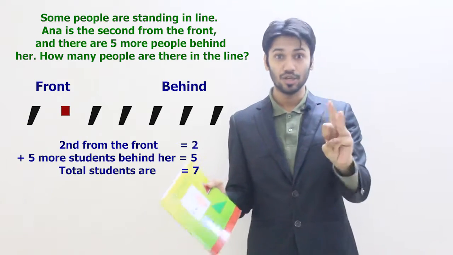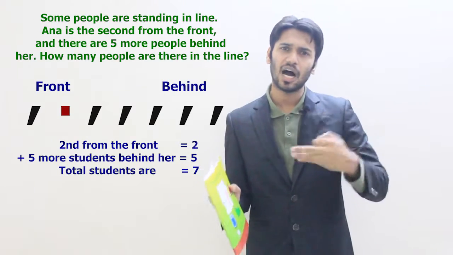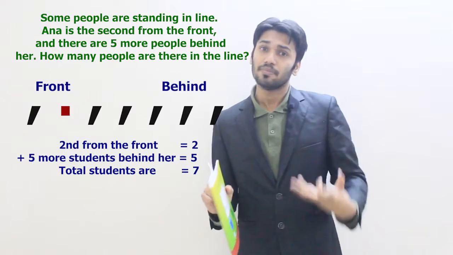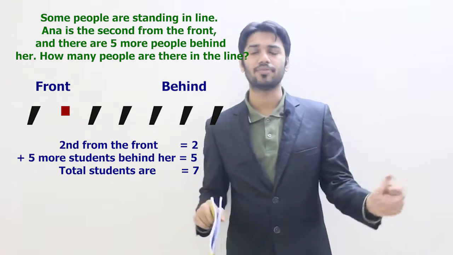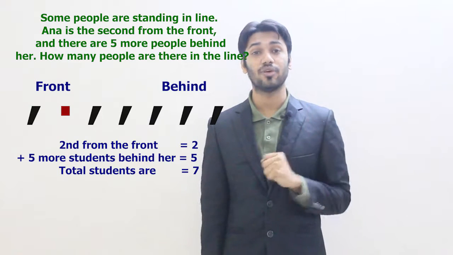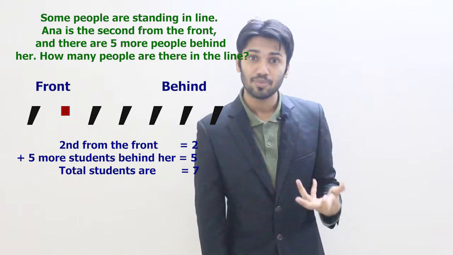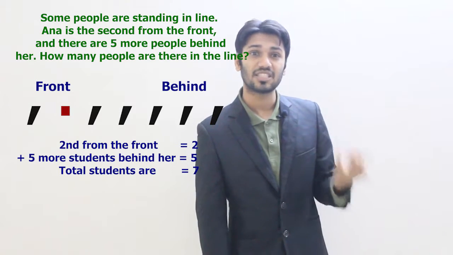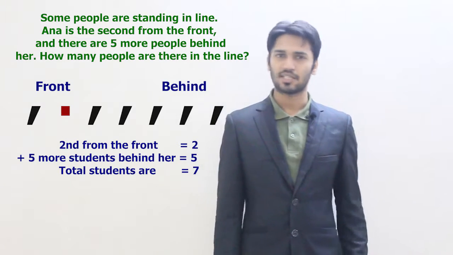Here 2, and how many people are behind Anna? 5. So add these 2 together. 2 plus 5. How many people? 7 people. That's it.